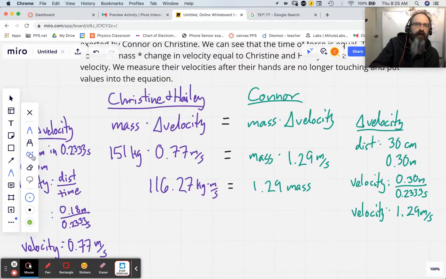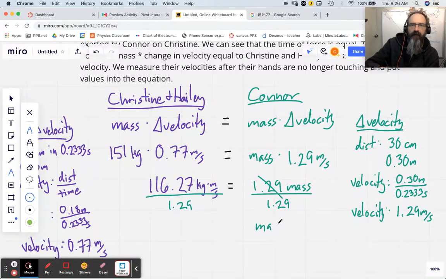So we got to divide both sides by 1.29. This is going to cancel out and leave us with mass over here.